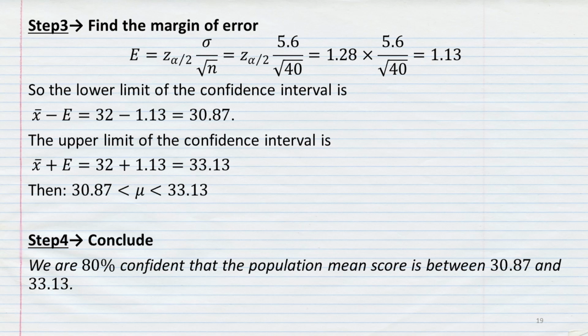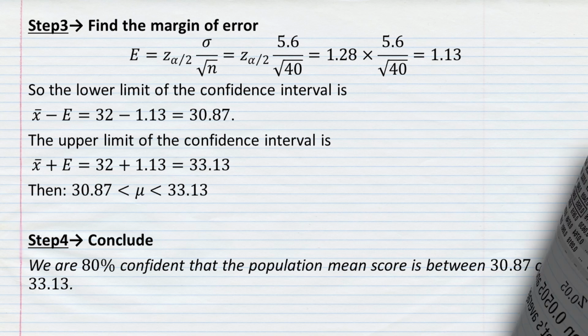Step 3. Calculate the margin of error given the simple formula and find the lower and upper limits of the confidence interval. Finally, Step 4. Conclude with a statement. We are 80% confident that the population mean score is between 30.87 and 33.13.